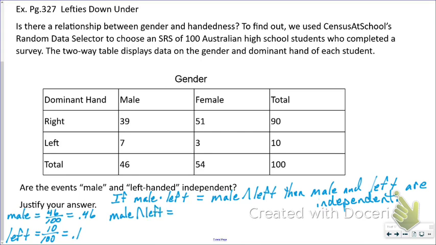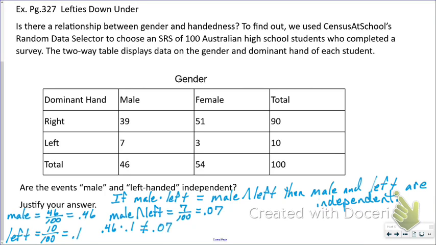So they cross with a 7. Now, you already probably see the answer. Please don't write they are not independent right now. You got to show the numeric proof. So you got to show 0.46 times 0.1 is not equal to 0.07.